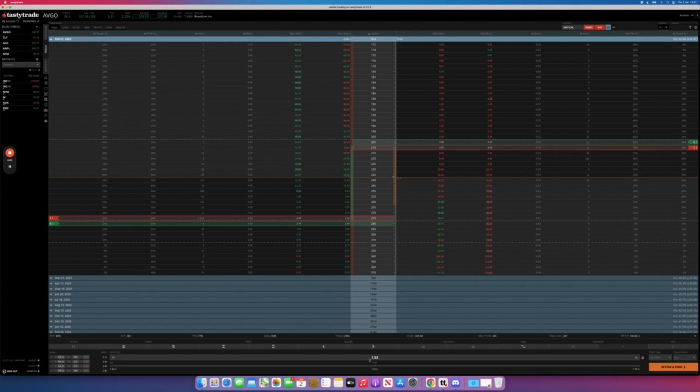So we collect less premium up front, but what we've done now is we've defined our risk, which is defined by the spread in between the two contracts, which is $5 minus the premium up front, multiplied out by the contract multiplier, which gives us our max loss of $345.